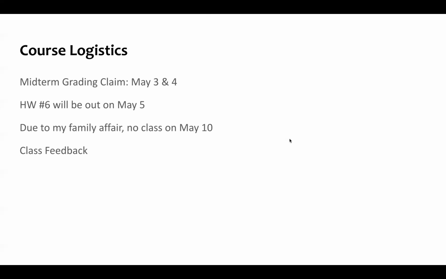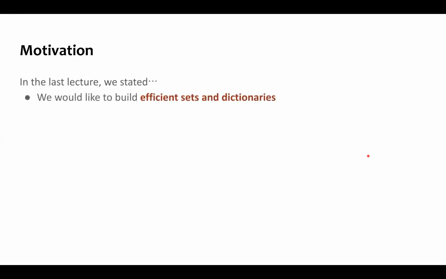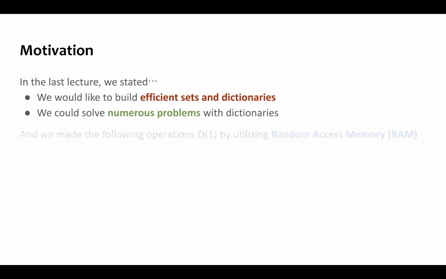All right, let's move on. Today, we are going to talk about binary trees. But before we go on, let's talk about the motivation, why we are concerned about binary trees. In the last lecture, we stated we would like to build efficient sets and dictionaries because we could solve numerous problems with dictionaries.